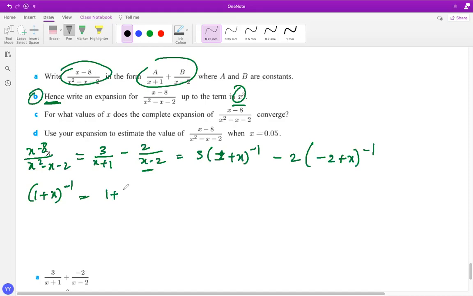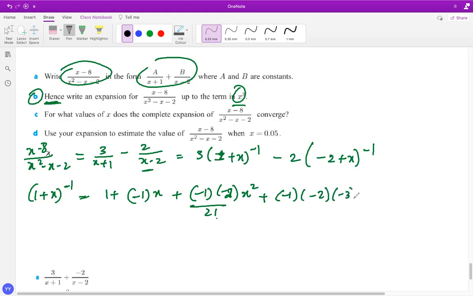So 1 + nx, where n is -1: -1 times x, plus (-1)(-1 - 1) = (-1)(-2) over 2 factorial, x squared, plus (-1)(-2)(-3) over 3 factorial, x cubed.